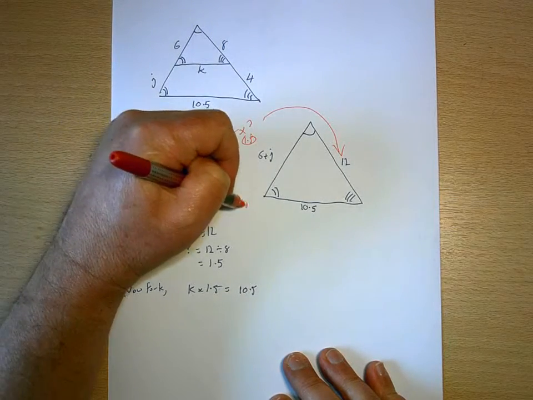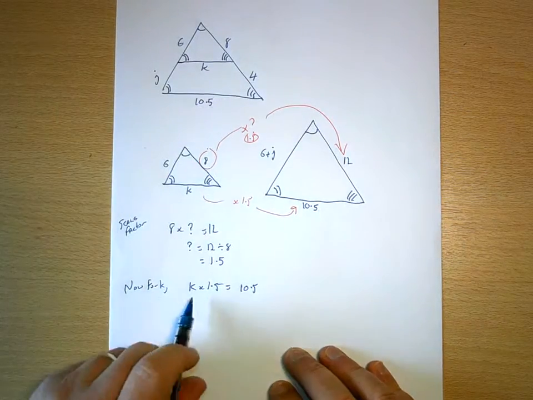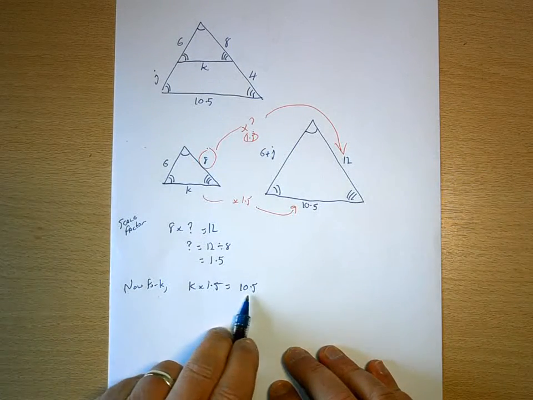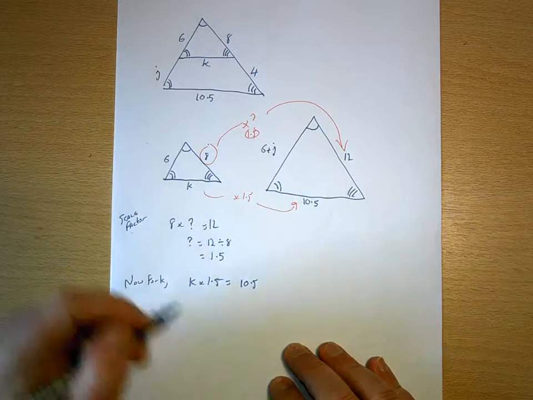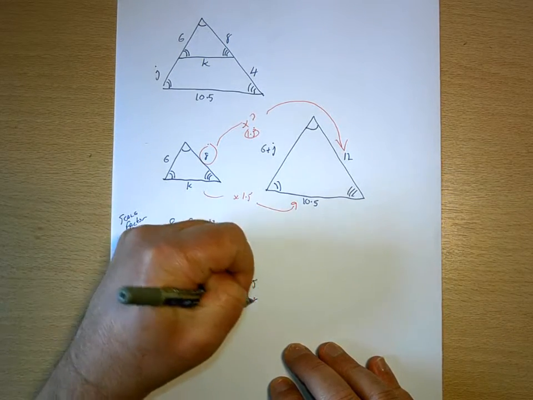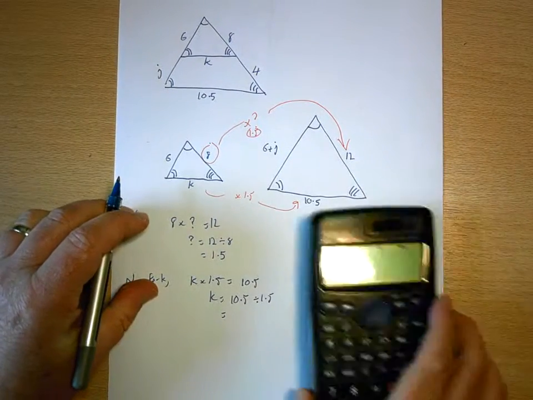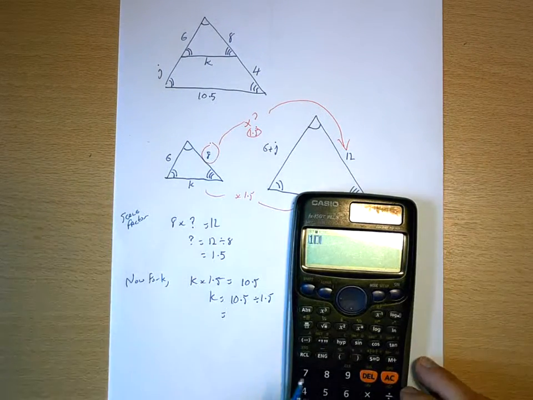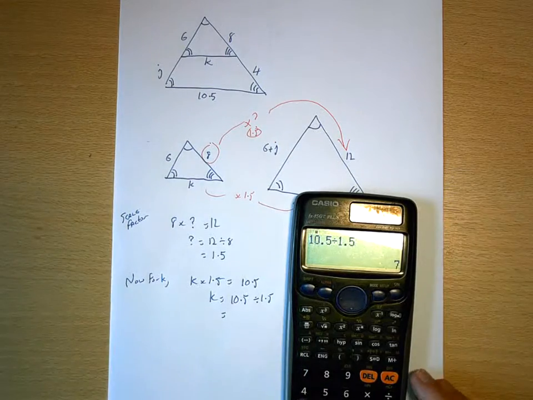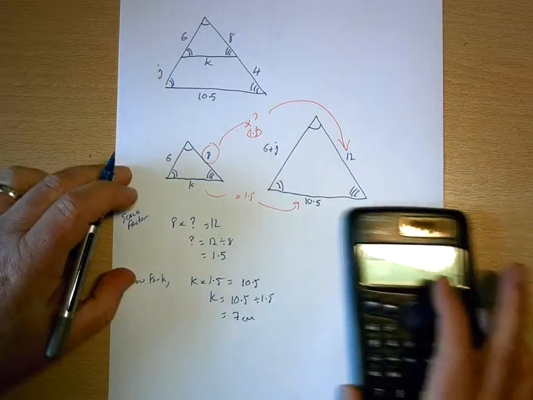So that times 1.5 will give you the corresponding side. So to work out K, we're going to be doing 10.5 divided by 1.5 is 7 centimeters.